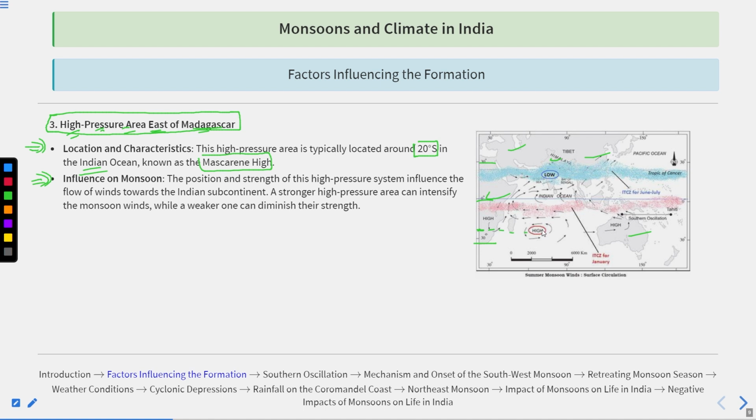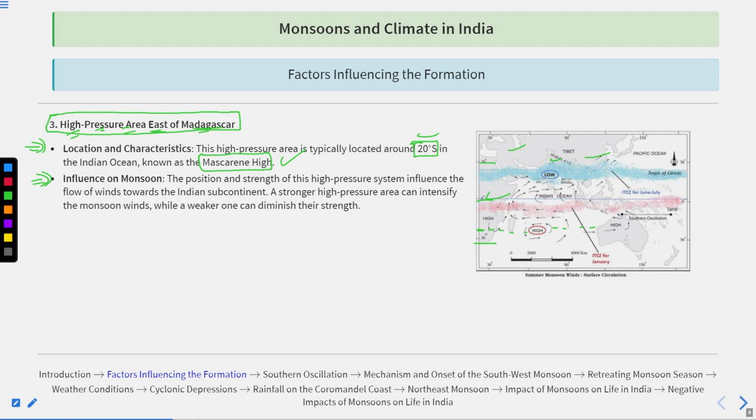If we connect it to this place, then we will find that this high pressure that was created in the Indian Ocean was actually created on or around 20 degree south latitude. And this high pressure is often termed the Mascarene High for our better understanding.